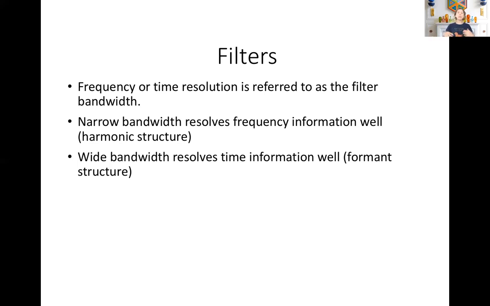More commonly, the resolution is referred to as the filter bandwidth, and a narrow bandwidth resolves frequency information well, but has poor time resolution. Conversely, a wide bandwidth resolves frequency information poorly, but the time resolution is good. We're going to explore this a little bit more here.